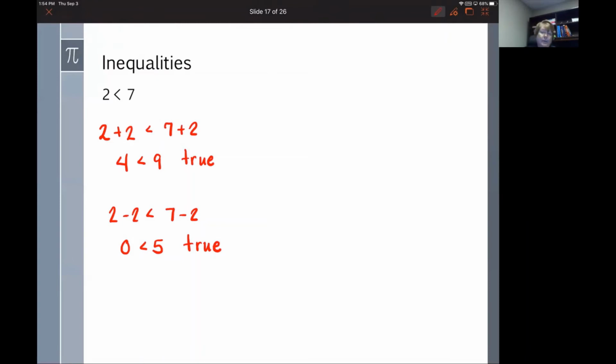All right, let's try multiplication. Let's multiply by 2. So I have 2 times 2 less than 7 times 2. Is that true? 4 less than 14. So that is true.